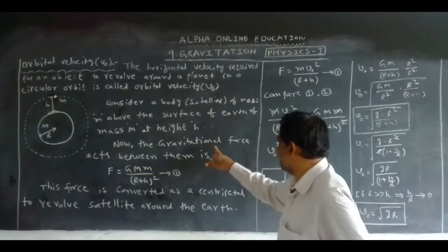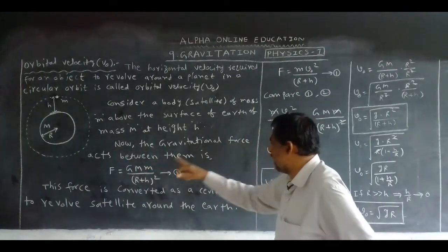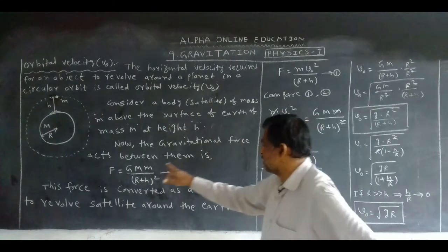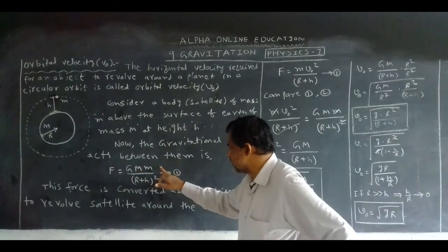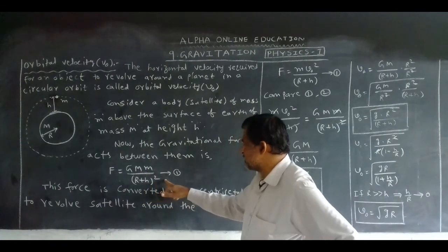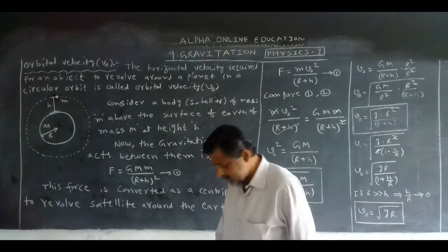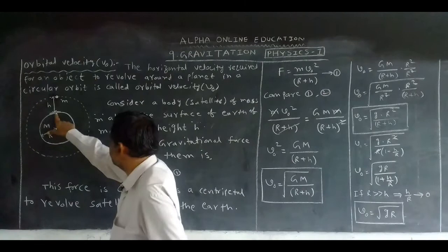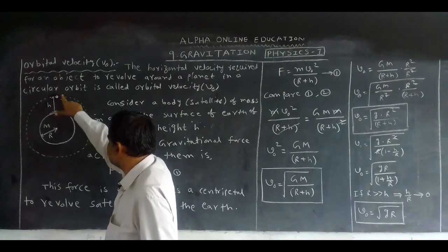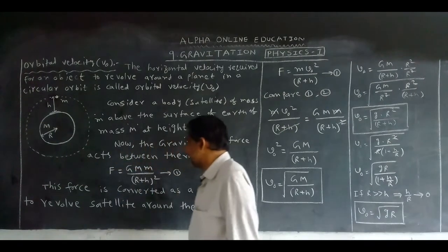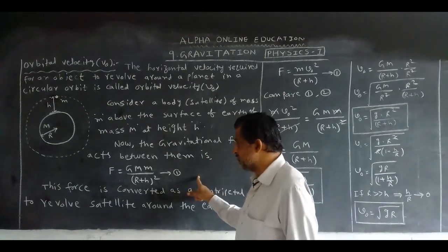Now the gravitational force acting between them is F equals capital G, capital M, small m by (R plus h) whole square. The distance from here to here is R, here to here it is h, so here to here it is R plus h. This is the gravitational force.